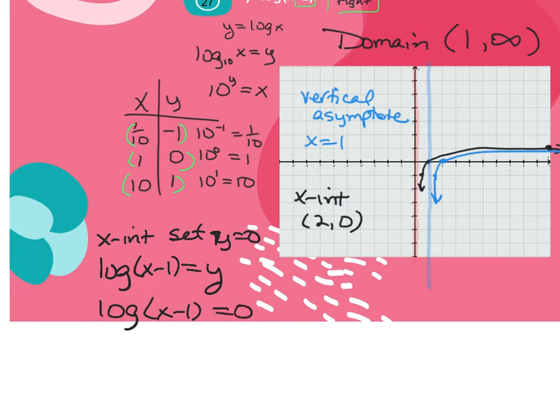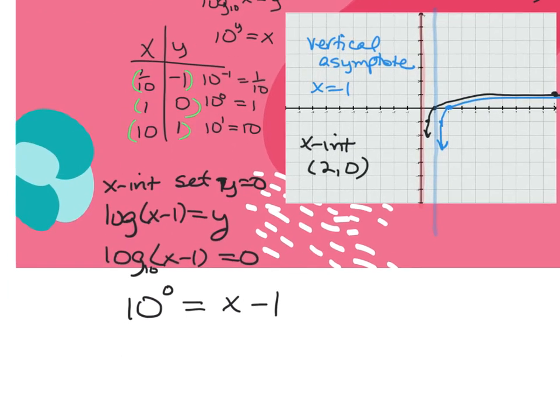I need to turn this into exponential form. Again, assume the little 10 here to transform it from base b. So 10 to the 0 power equals x minus 1. I know that 10 to the 0 power is 1.